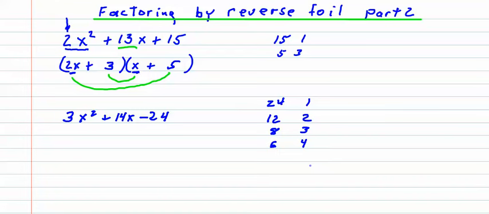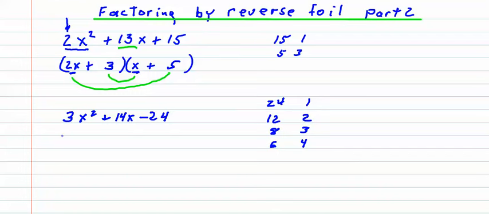Now, we have a lot of possibilities, all right? And one of them has to be positive, and one has to be negative. So we could try 8 and 3, or 8 and negative 3, or negative 8 and positive 3. Lots of different choices here.